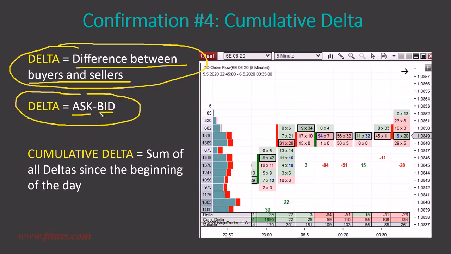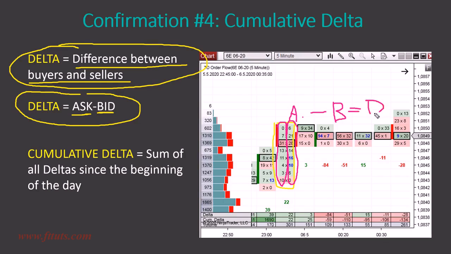Ask minus bid. And if you look at the order flow software, then it always gets calculated for every given footprint. So in this case, it would be the sum of all those volumes traded on the ask, minus the sum of those volumes which were traded on bid.